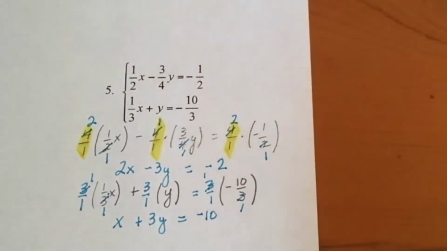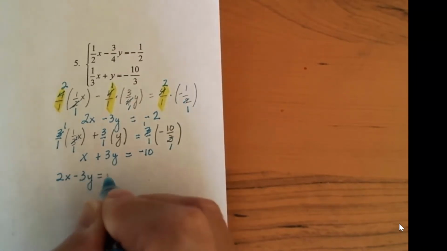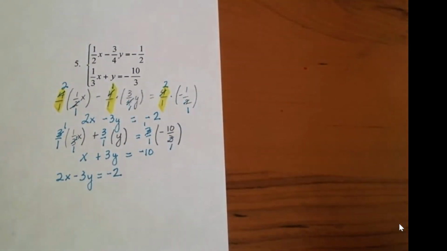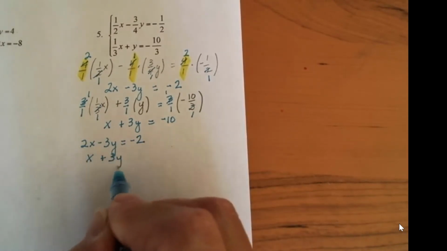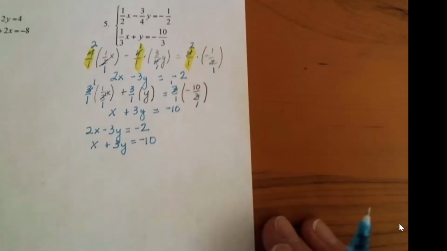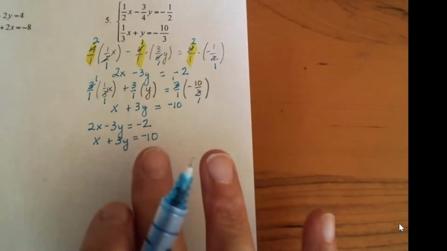So let's take a look now at our new improved system of equations, which is 2x minus 3y equals negative 2 as my first equation, and x plus 3y equals negative 10. And we've been asked to solve this system by using the substitution method.